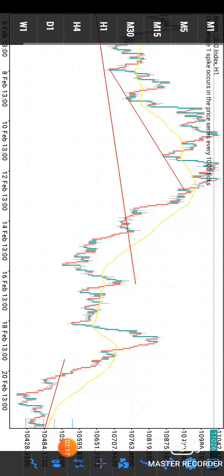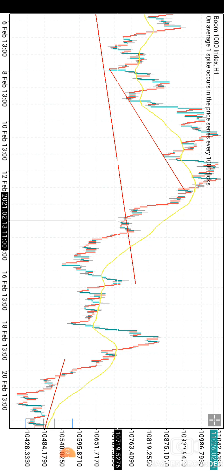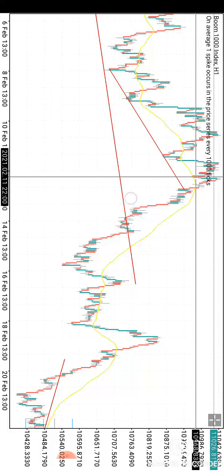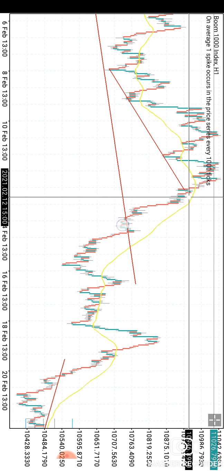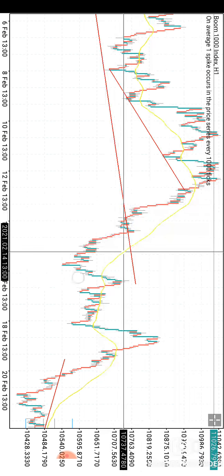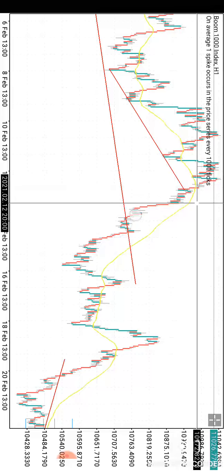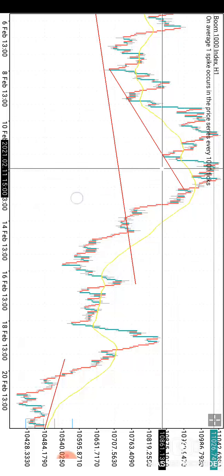you can see that when the price is below the indicator, it tends to show that it's in a downward phase.